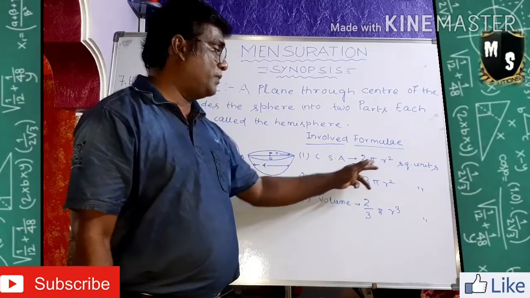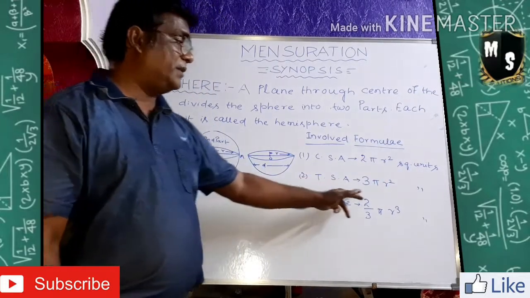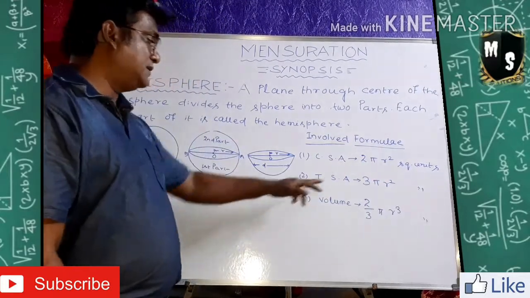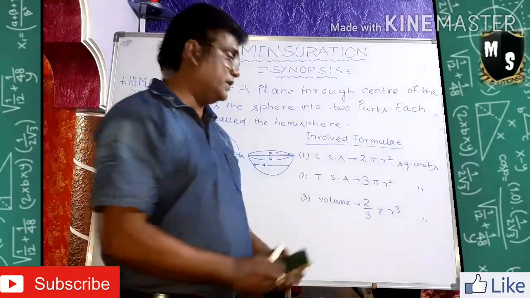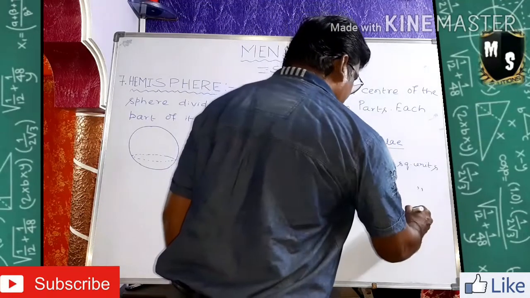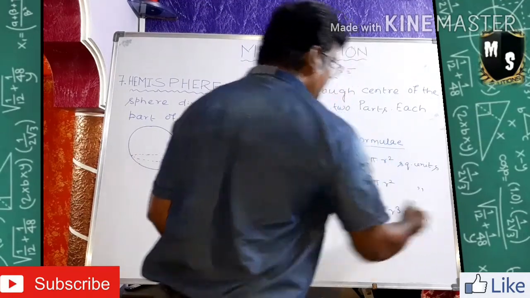Therefore, the CSA is 2 pi r square and the TSA is 3 pi r square square units, as it is area, and the volume is equal to 2 by 3 pi r cube, cubic units.